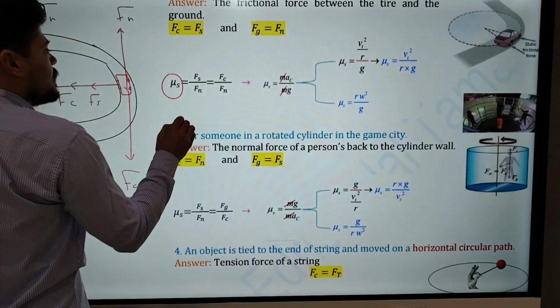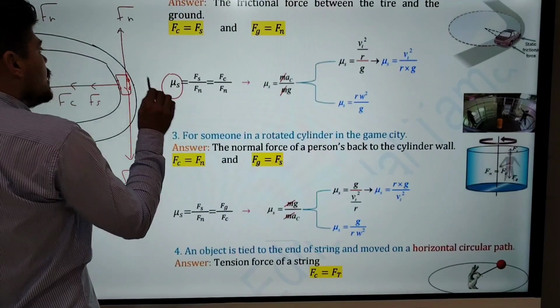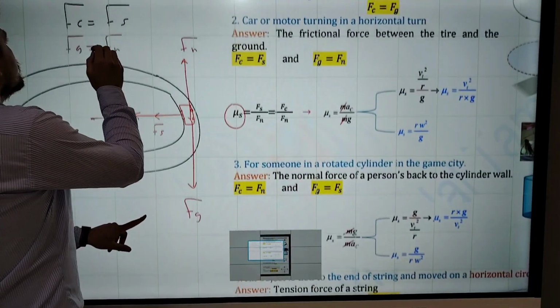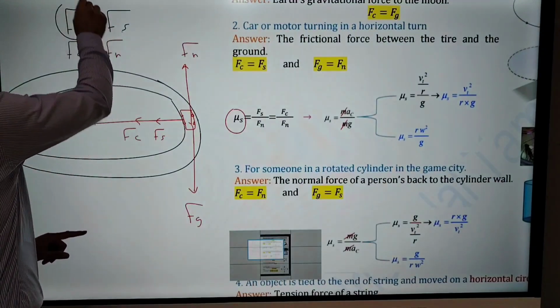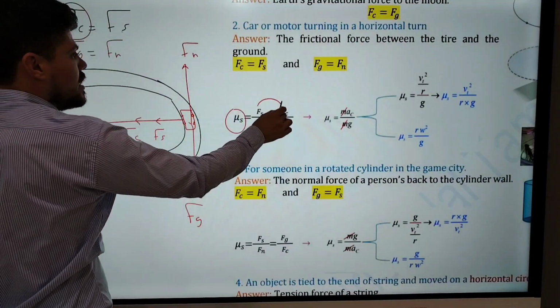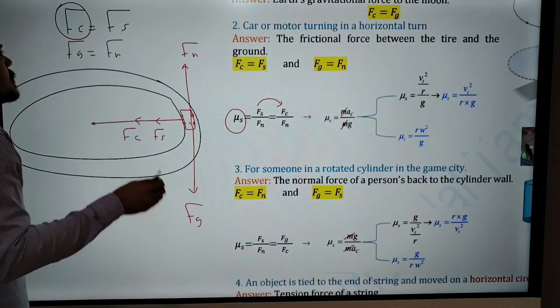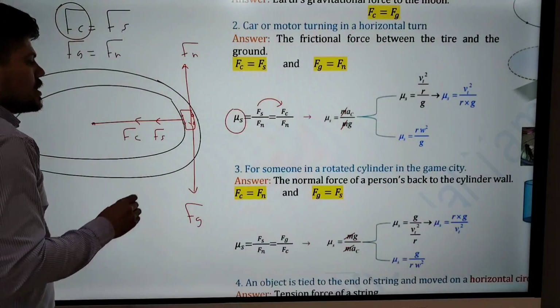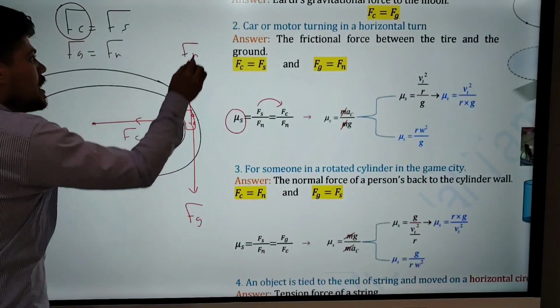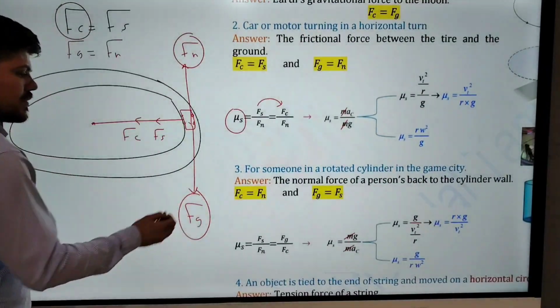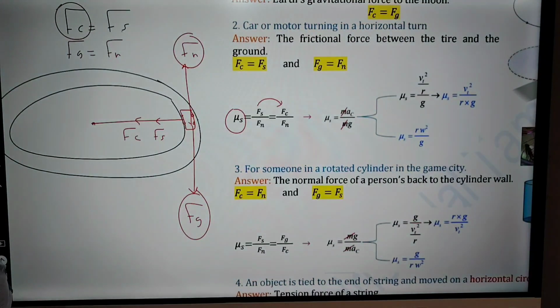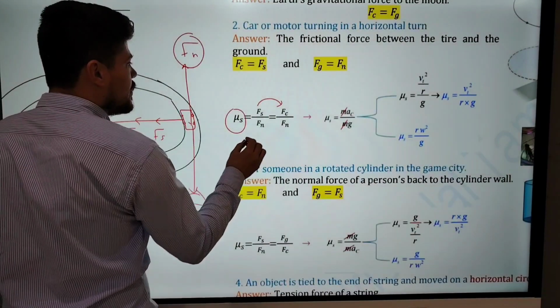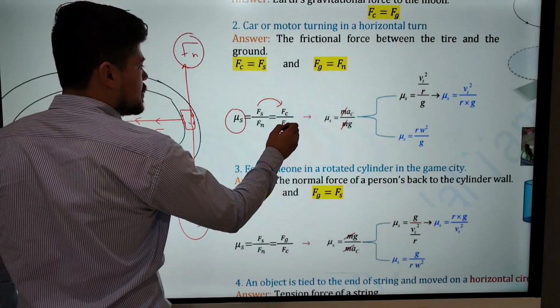In that case, mu s is equal to Fs over Fn. So Fs is equal to Fc. Is it possible to write Fc instead of Fs? Yes, of course. Why? Because Fs provides the centripetal force. So what about Fn? Fn is equal to Fg. So instead of Fn, you have to write down what? Sorry, this is wrong.